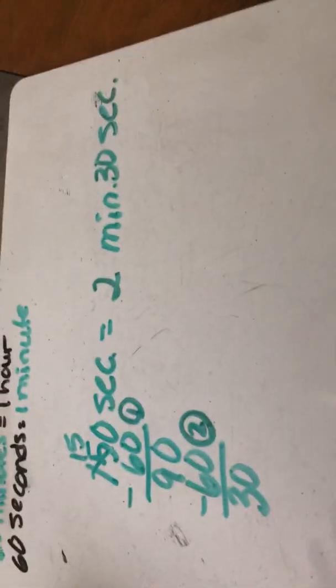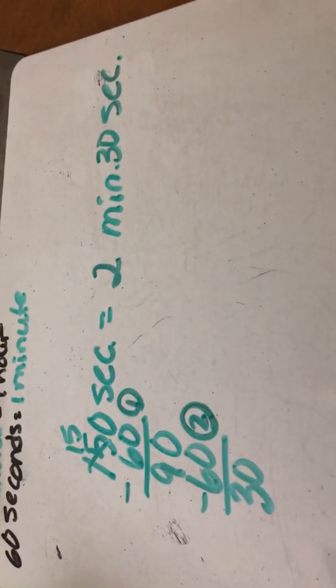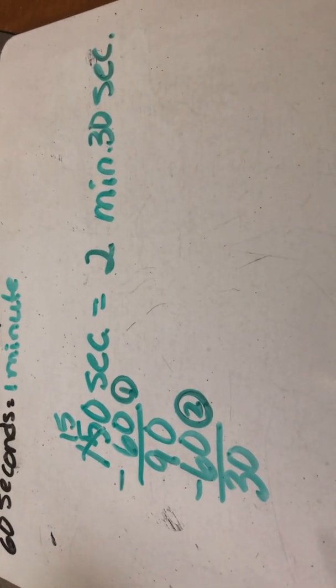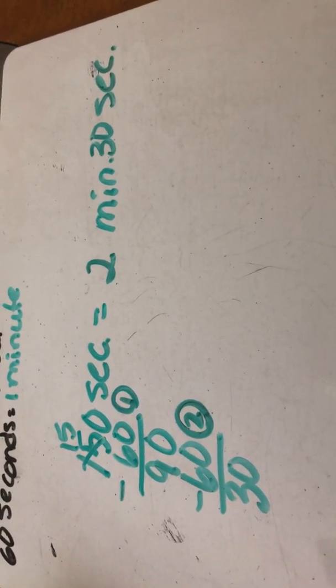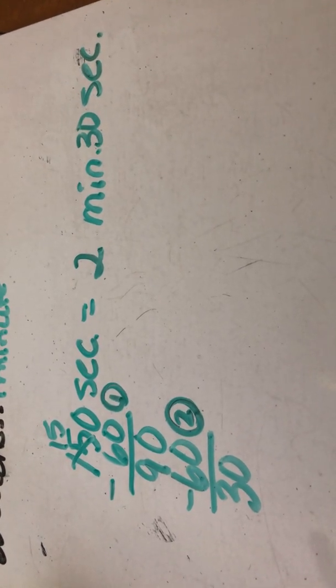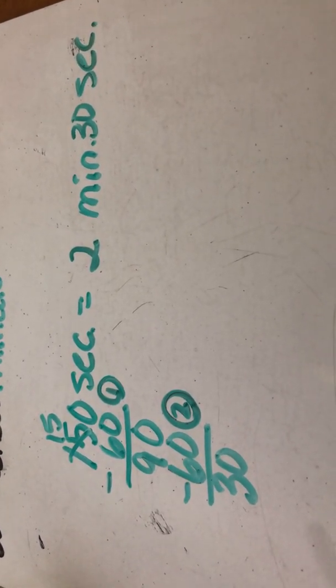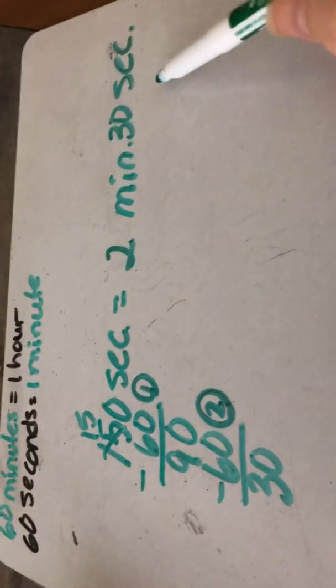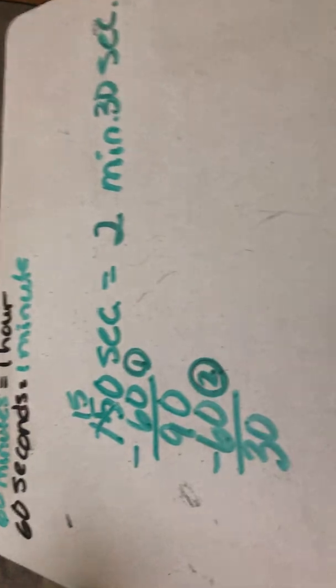I subtracted 60 until I couldn't anymore, counted the number of times I subtracted the 60. That's my minutes. What's left over down here, that's my seconds left over.